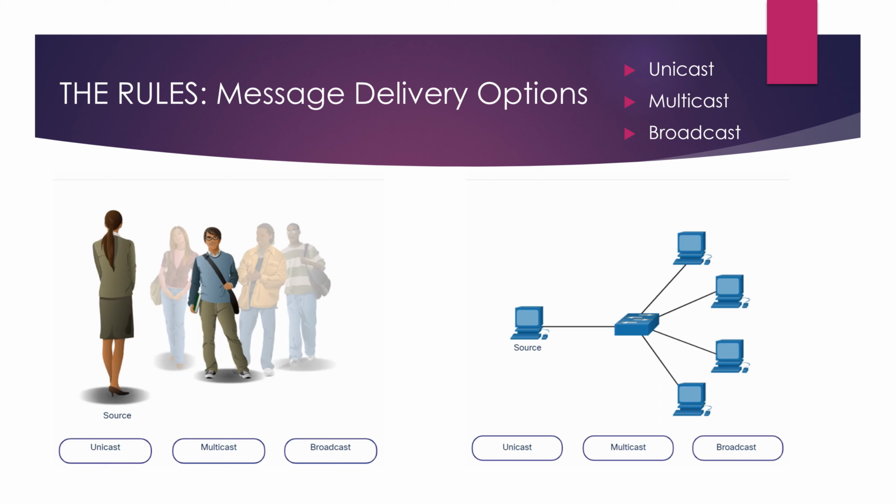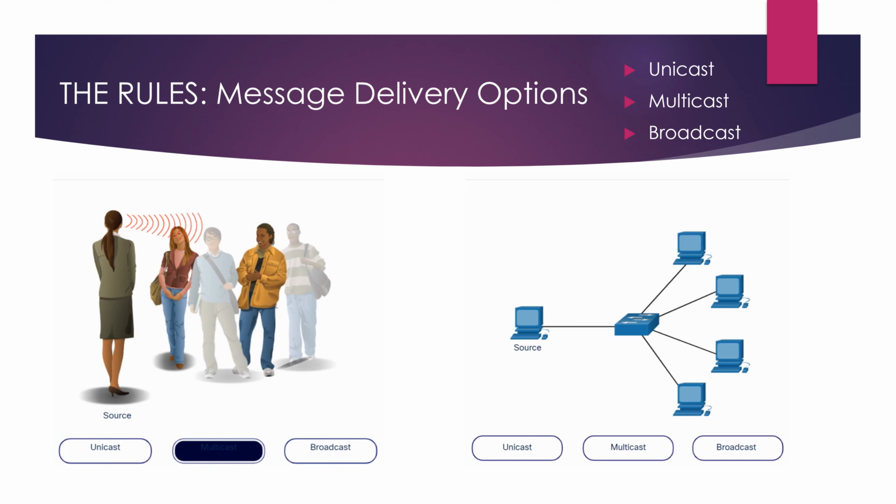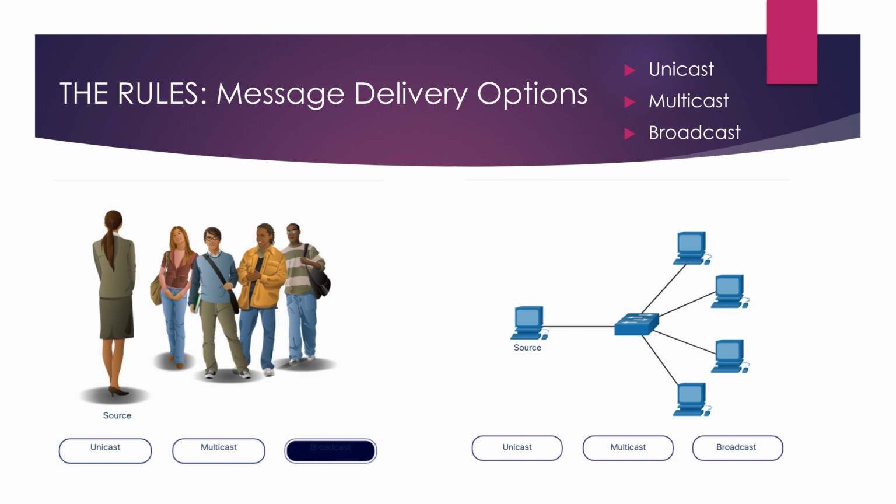And if the source is trying to communicate with all people in the same area, it is called broadcast communication. And as you can see, this is unicast when the source is trying to communicate with one individual, multicast when the source is trying to communicate with more than one individual, and broadcast when it's trying to communicate with all the people that are in the same area.